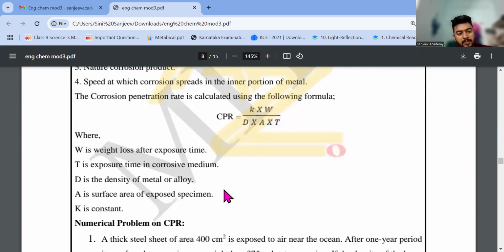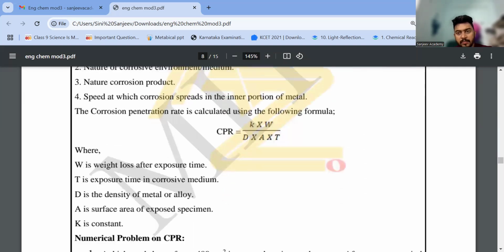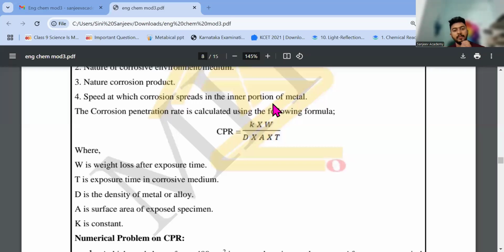Problems is this CPR. So you can see the simple formula here. Constant, correct? K W by D A T. This X is not the multiplication symbol, okay? KW by DAT.